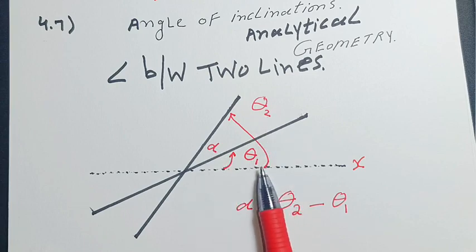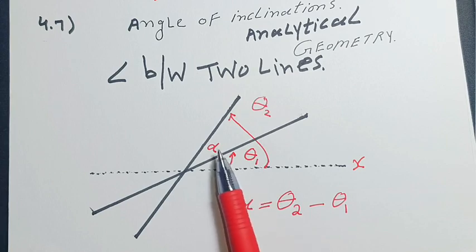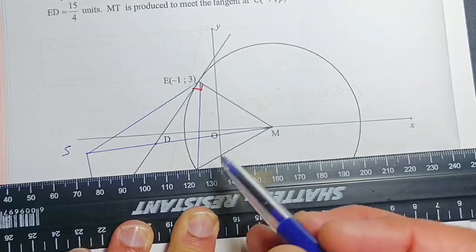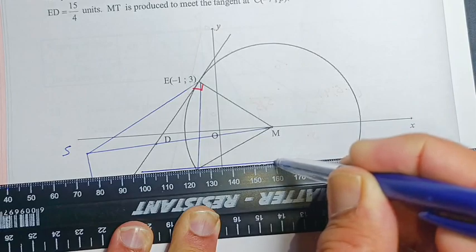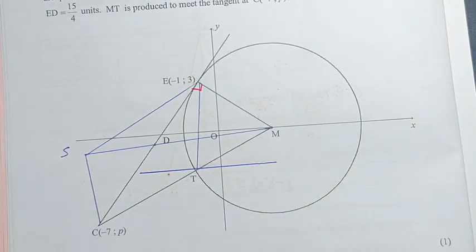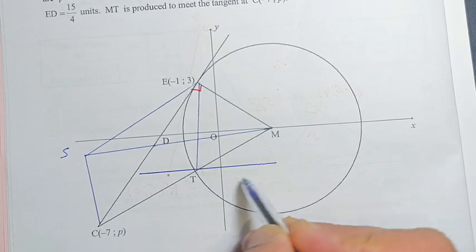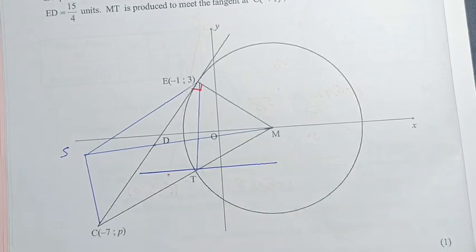So theta 2 minus theta 1, that's going to be angle A. So this is the angle between two lines. For the angle of inclination, I draw the horizontal x-axis here. So this is now my x-axis, horizontal line.